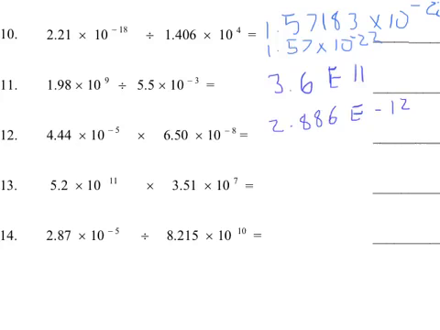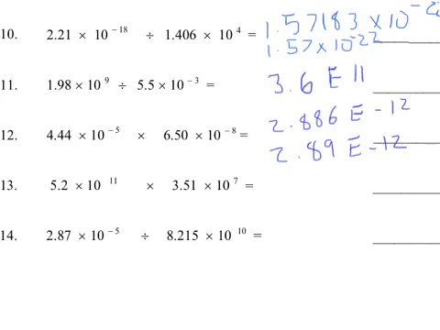Now the thing is, I have 3 significant figures here, and I have 3 significant figures here, so I have to round my answer to 3 significant figures. Since this is a 6, I'm going to round the 8 up to a 9, and what I'm going to get is 2.89 E minus 12.